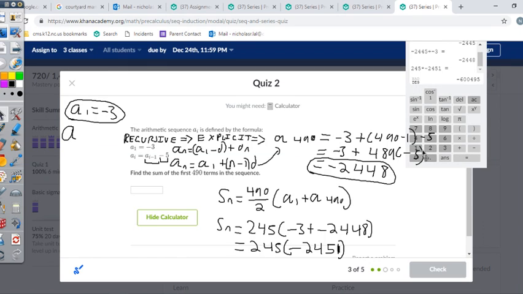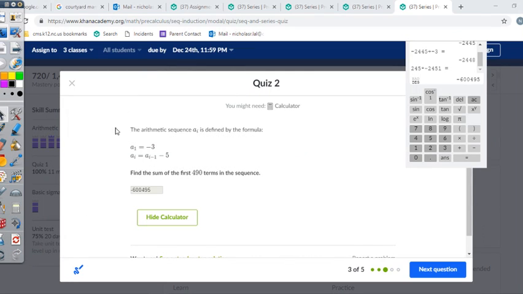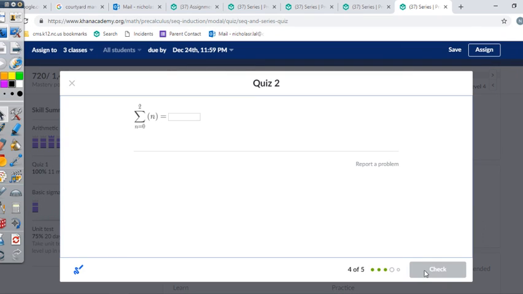So that will be negative 600,495. Checking the answer, we got it. Next question.